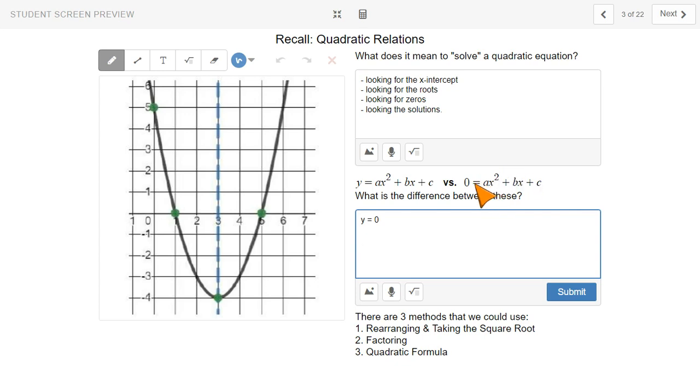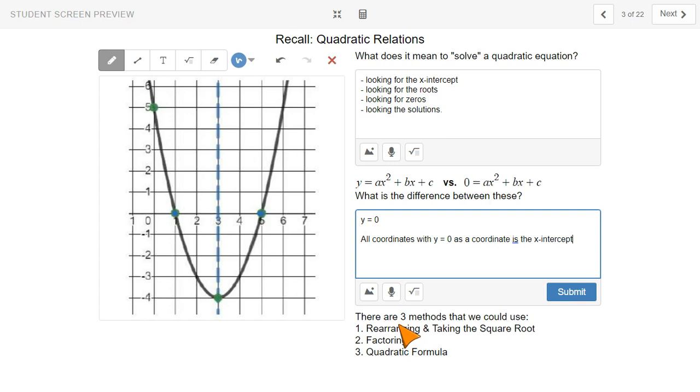And when we have y is equal to 0, we know that all y's that have a coordinate of 0 mean that it's the x-intercept. Because for all x-intercepts, we are along the x-axis where y is 0.